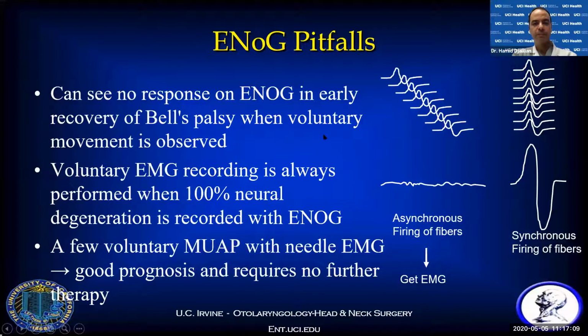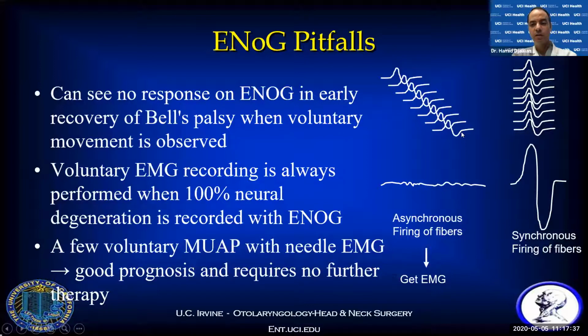So in early recovery from something like Bell's palsy or edema and surgery, etc., you can have this asynchrony, which then causes, if you compare the good side to the bad side, it to look like there's no function when there really is function. So if that happens, you get a needle EMG, because then you can see all these little fibers.